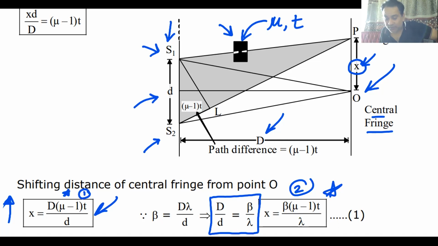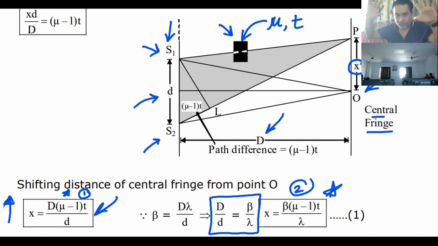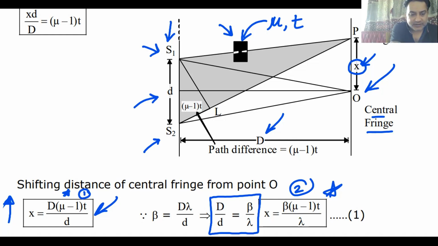Beta is the fringe width. Lambda is the wavelength of the light which is used. So formula number 1 and formula number 2 are the formulas for shifting of fringes. Do we understand this? Please note down this formula, then I will move ahead.